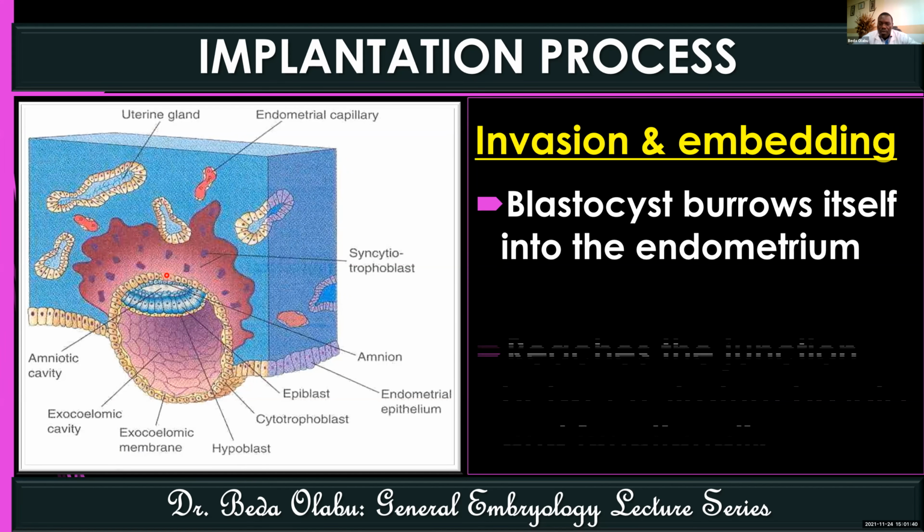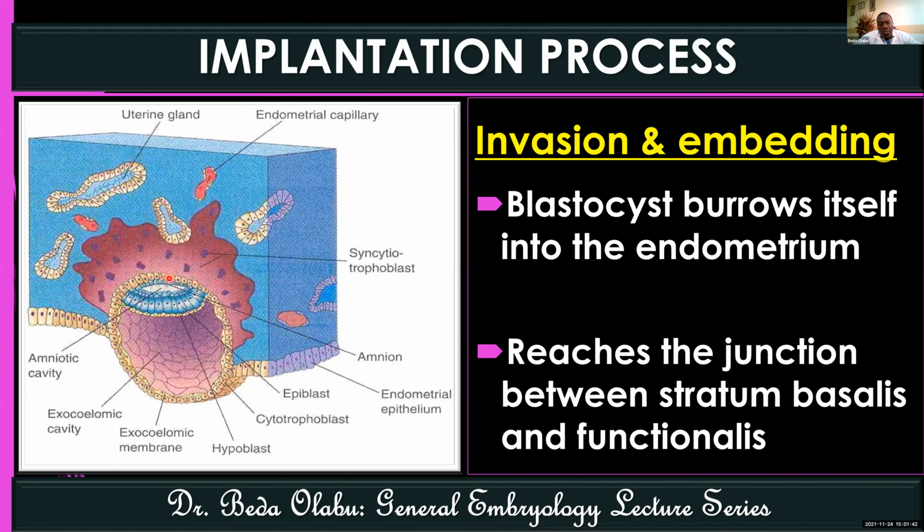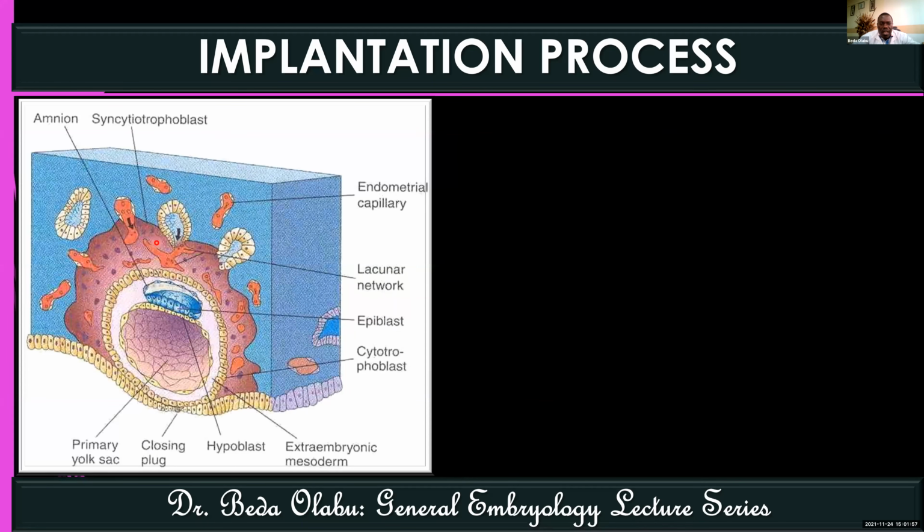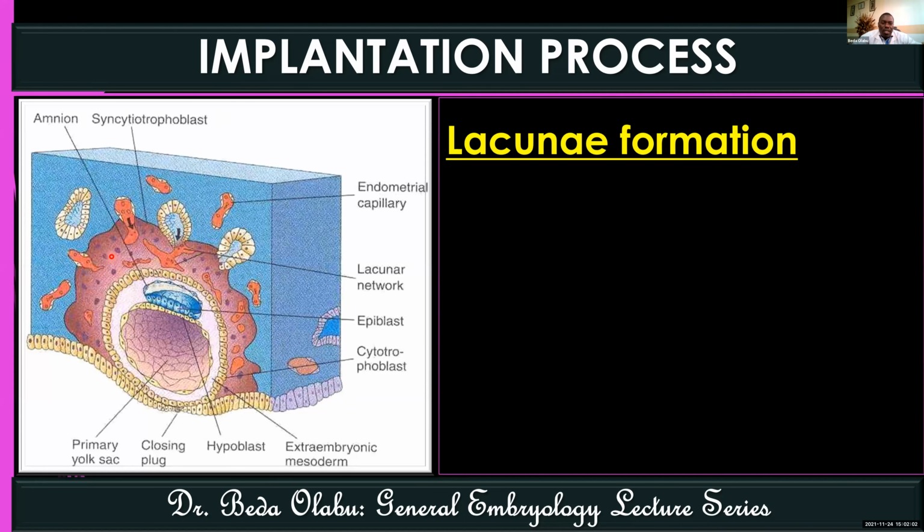How far will it reach? The junction between the stratum functionalis and the stratum basalis is the normal extent of the burrowing. During that burrowing, and as the syncytial trophoblast continues to become big, there are some vascular channels which appear within the trophoblast, especially within the syncytial trophoblast, like these ones.